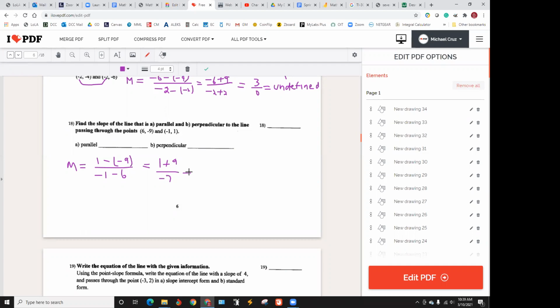So one negative sign, so the whole thing is negative 10 over 7. So any parallel line is going to have the same exact slope. The perpendicular. What was the deal with the perpendicular?